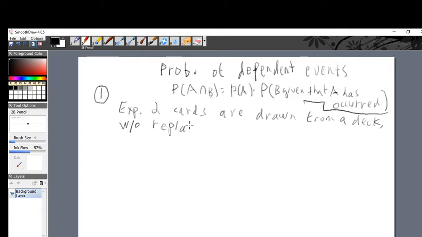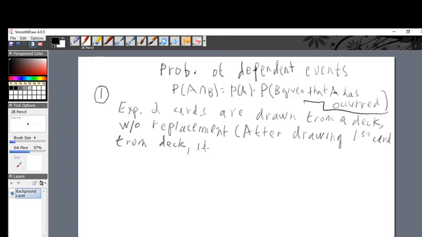You don't put it back in the deck. After drawing the first card from the deck, it's not returned to the deck. Okay, that's what it means.